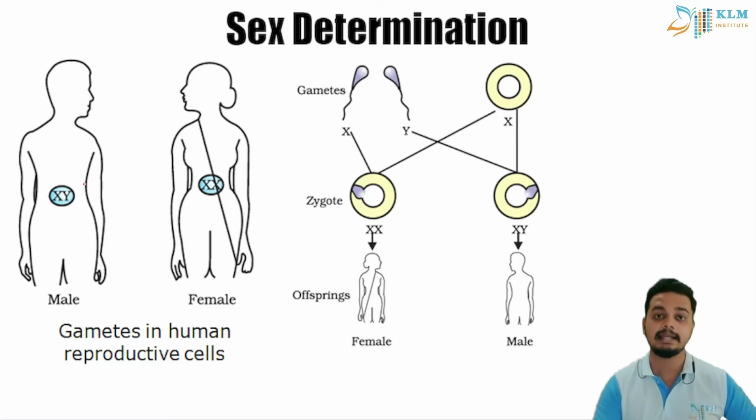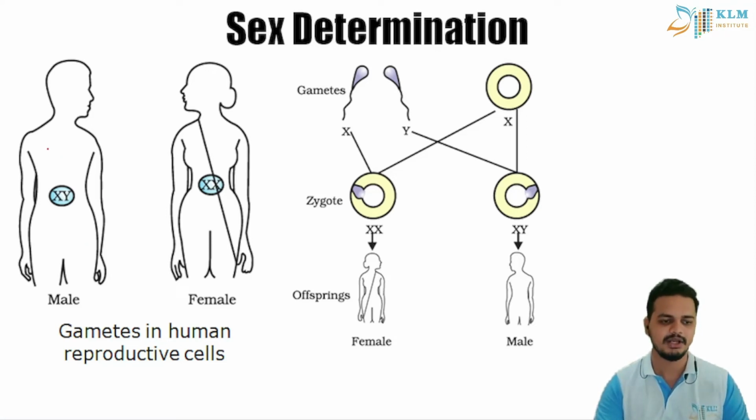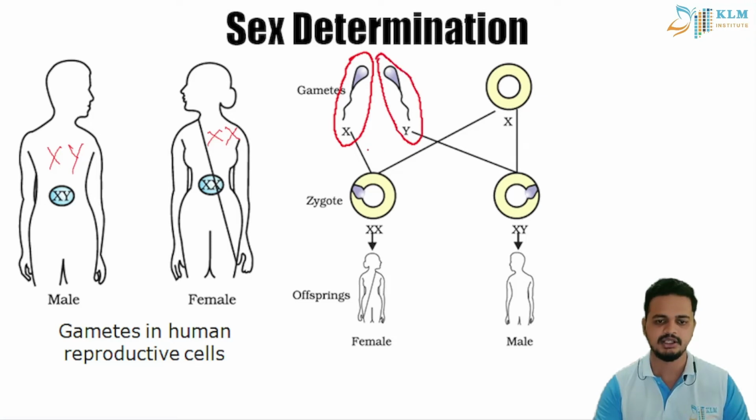Later, it was known that the sex chromosomes have two factors, that is X and Y. Female have two X, and male have one X and one Y. So what happens here is, when the sperm is generated in our body, it has either an X chromosome or a Y chromosome.